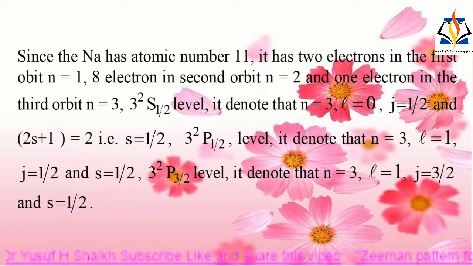The 3 square P half level denotes that n is equal to 3, L is equal to 1, J is equal to half and S is equal to half. The 3 square P 3 by 2 level denotes that n is equal to 3, L is equal to 1, J is equal to 3 by 2 and S is equal to half.